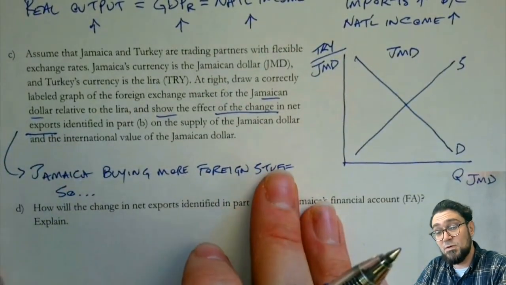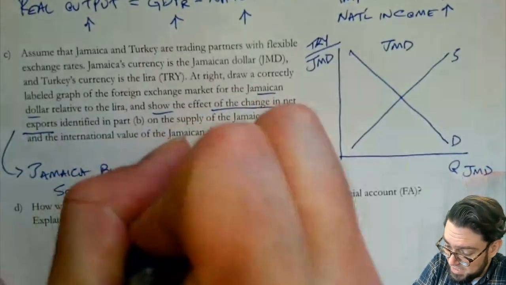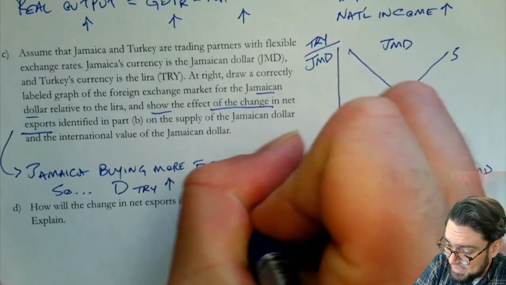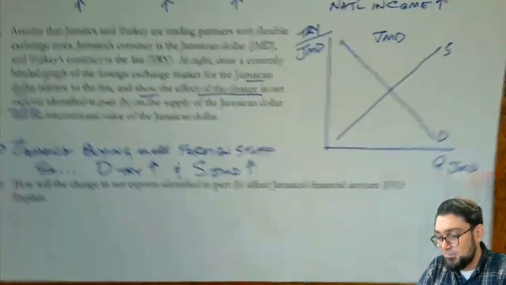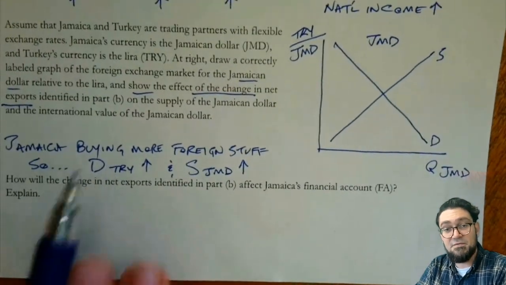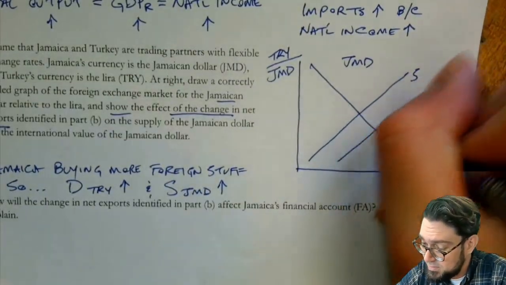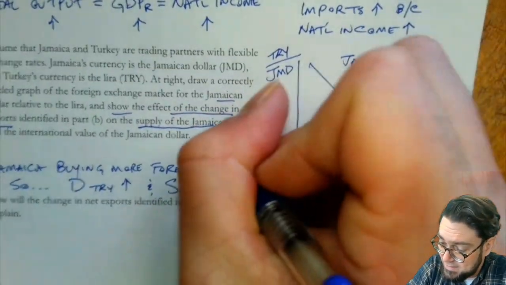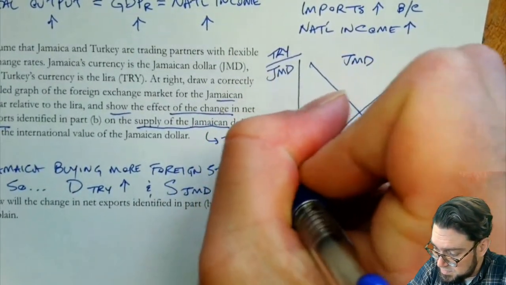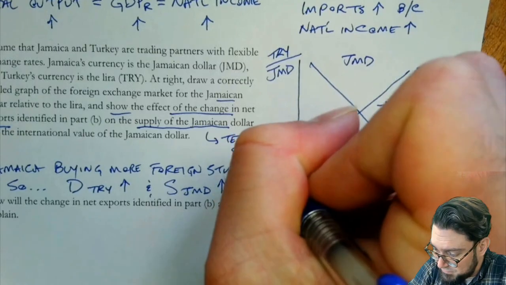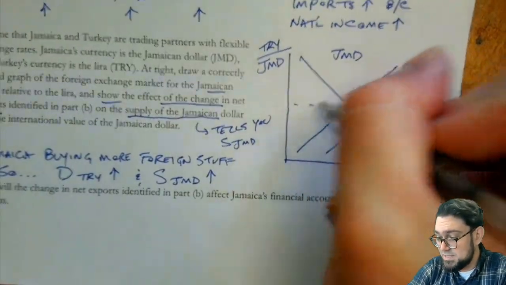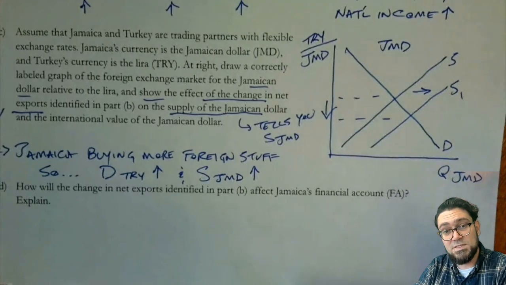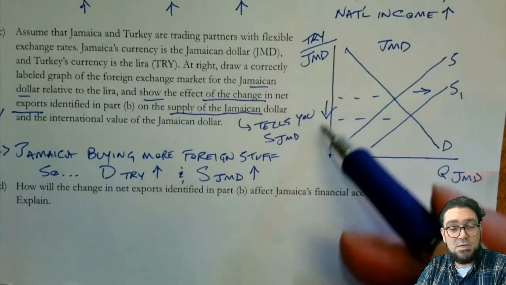If Jamaica's buying more foreign stuff, so that means their demand for the TRY is going to increase, and we'd say the supply of the JMD will increase. That's because when they go to buy more foreign stuff, they need to supply more of their own currency to do that. And it actually tells you on the supply. So it tells you supply of the JMD. And so we would say that the supply would increase of that JMD because they're going to go out and buy more foreign stuff. And as a result, the JMD will depreciate.